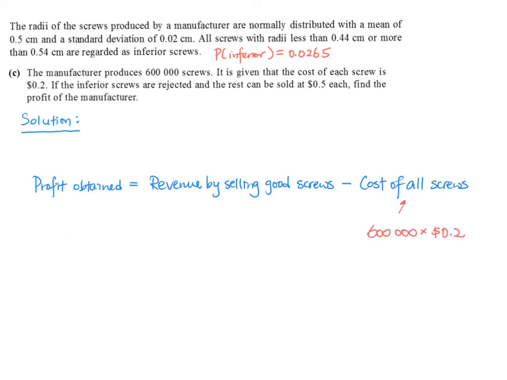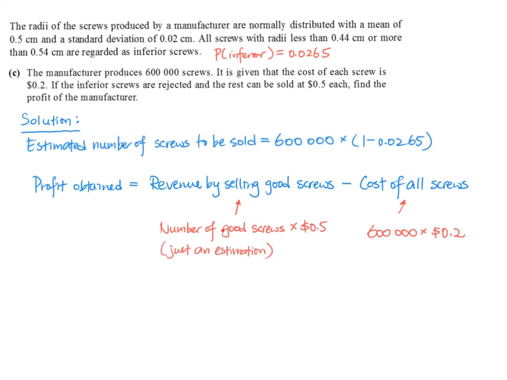This latter part is easy. It's just 600,000 times 0.2. And what about this one? This is the number of good screws times $0.5. And of course, this number of good screws is just an estimation because we're using the probability of the inferior screw. We have to start out with the estimation of the screws that are going to be sold.